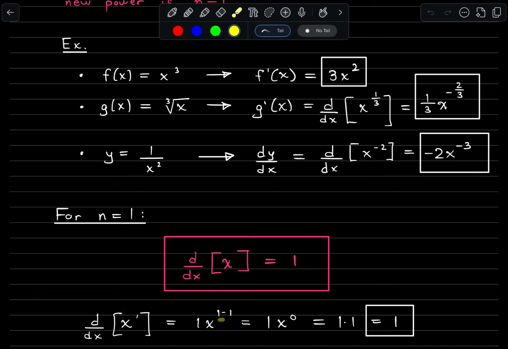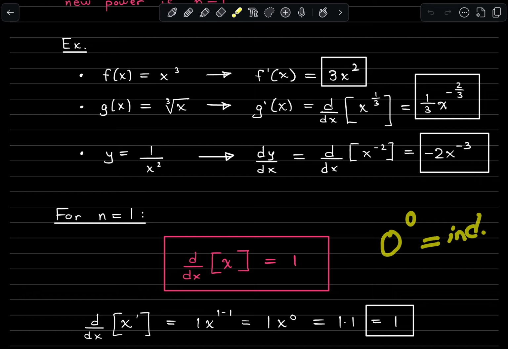From that 1 that was up there, we subtract 1. So you have 1 times x raised to the 0 power. And if you remember from before, anything raised to the 0 power, except for 0, is 1. 0 raised to the 0 power is indeterminate, right? But everything else goes to 1, including this x. So 1 times 1 is 1.